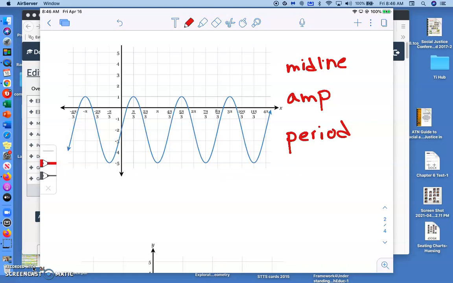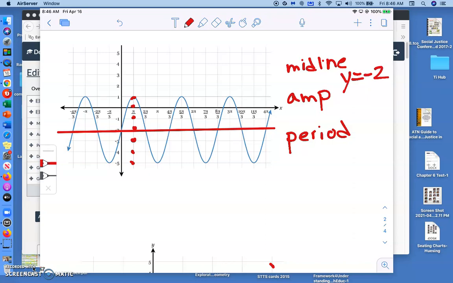So if I was to look here, and from the bottom, so 1, 2, 3, 4. So our midline would be right in the middle. So that would be the equation y equals -2.